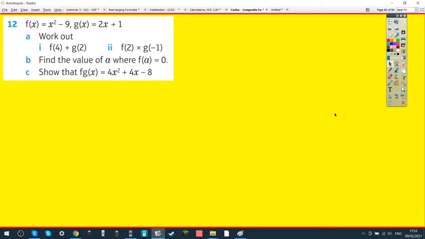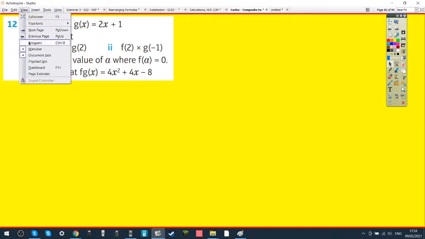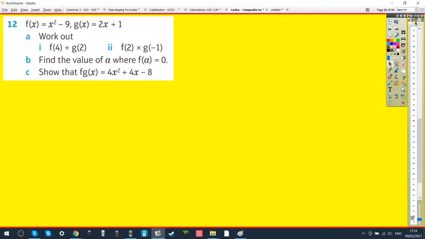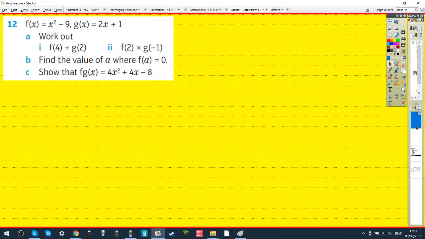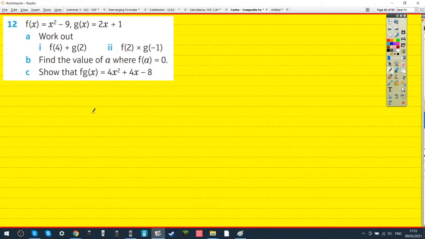A. So f of 4 plus g of 2. So 4 squared minus 9, that is 7.